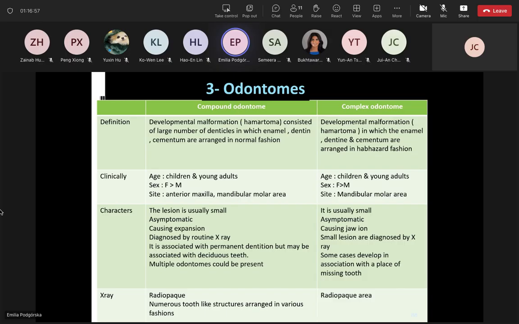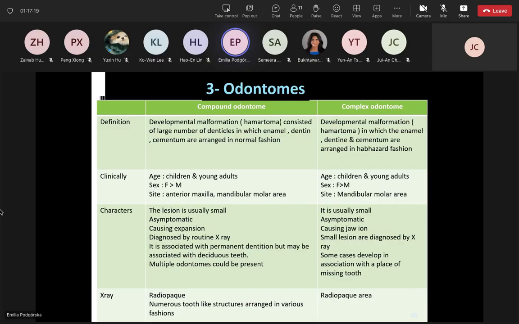The lesion is usually small, asymptomatic, causing expansion, diagnosed by routine X-ray, and associated with permanent dentition, but may be associated with deciduous teeth. Multiple odontomas could be present, and radiopaque tooth-like structures are arranged in various fashion.